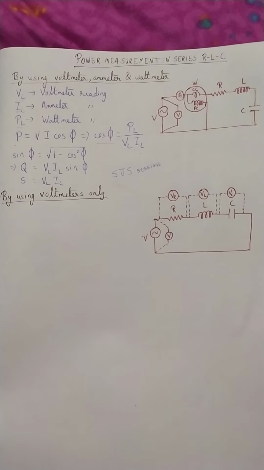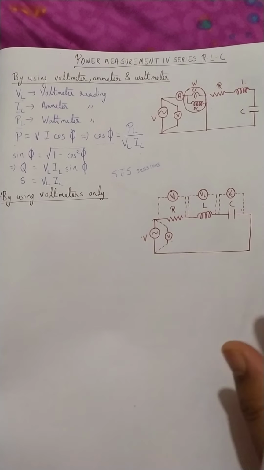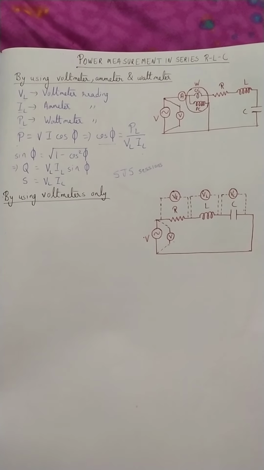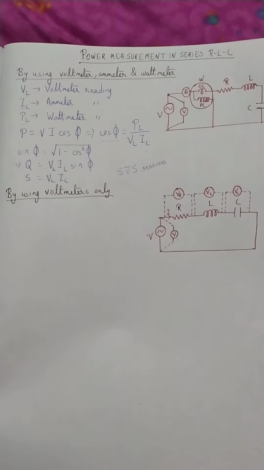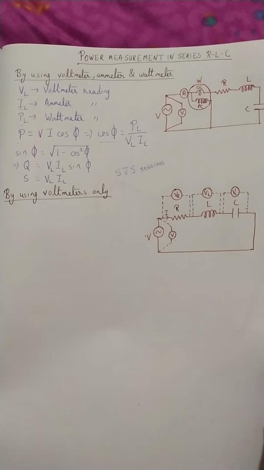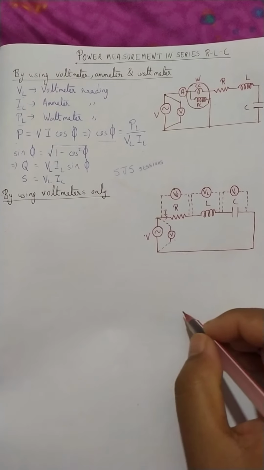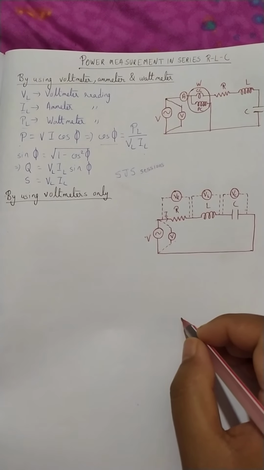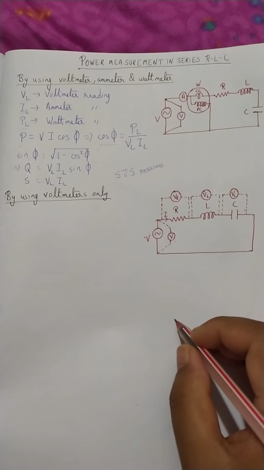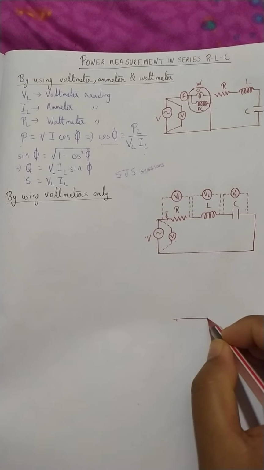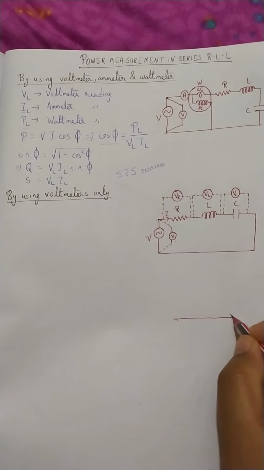Suppose I draw the phasor diagram of this arrangement. Assume some current I is flowing, and let us take this I as the reference.